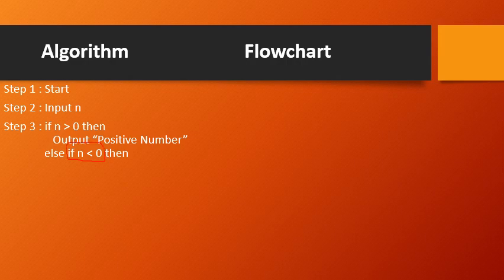Again, this condition can be true or false, right? The number can be less than 0 or it may not be. If it is true, then the then part will be executed, and definitely we will say that the number is a negative number. So we will say output negative number.